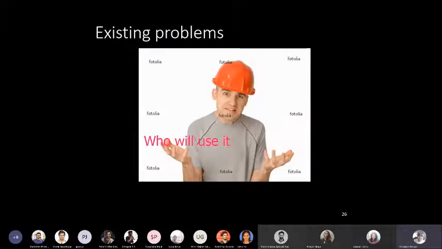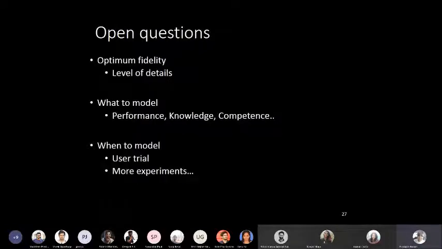So the level of fidelity of the user model, and the usability of the user model itself, is also an open problem. So the open question, if we can summarize, is the optimum fidelity, which level of detail you can do. The cognitive architectures like ACT-R look at maybe the neural details, and many works have also tried to predict synaptic activity of individual neurons or functional regions of the brain.